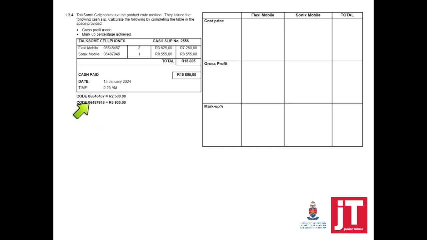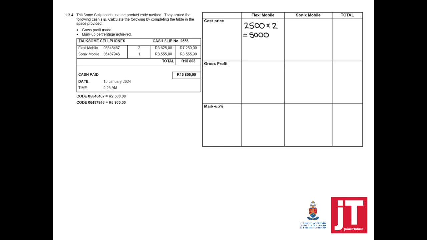So here you can see that each product, Flexi Mobile, Sonic Mobile, is assigned a specific product code, and that code indicates the cost. On your cash slip will be the selling price, not the cost. So you would refer to that number and that will tell you exactly what the cost of that item is.